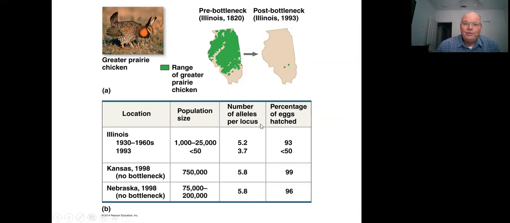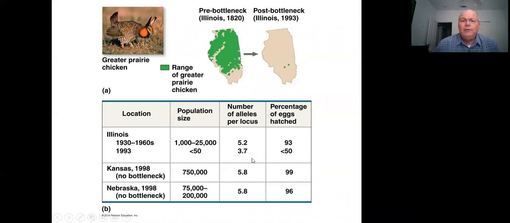And you can see what the effect of that has been, a loss in reproductive success. In the meantime, in 2 states where there is still a substantial level of genetic variation in the genome, the reproductive success has been quite high. This is a bottlenecking effect, again, affecting the prairie chickens, specifically in Illinois. And you can see where there's been no bottleneck.